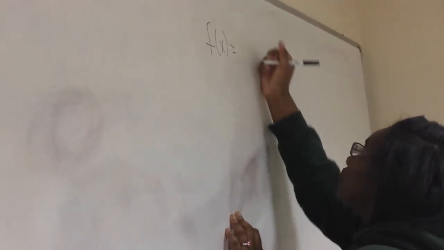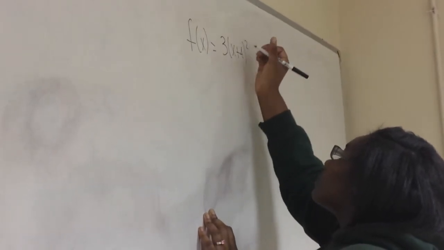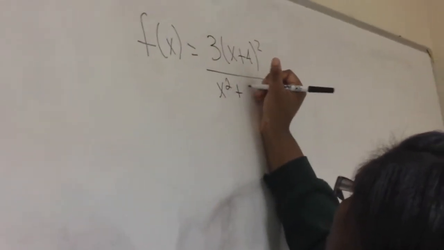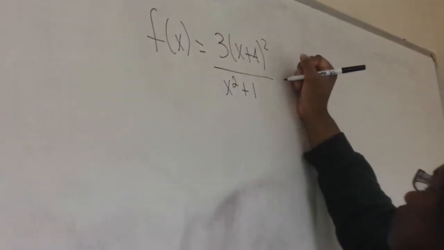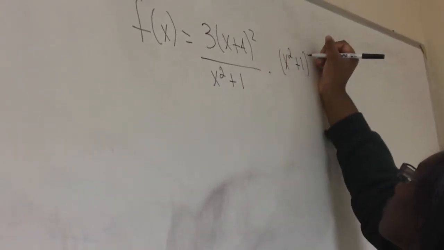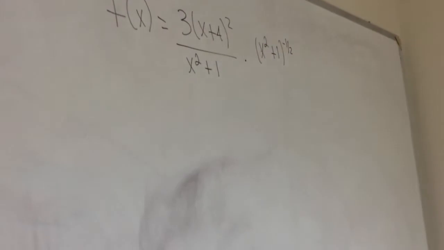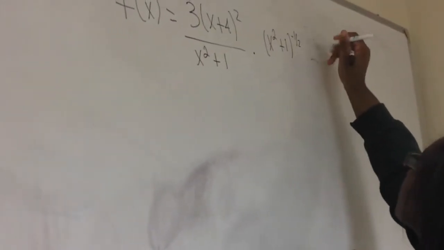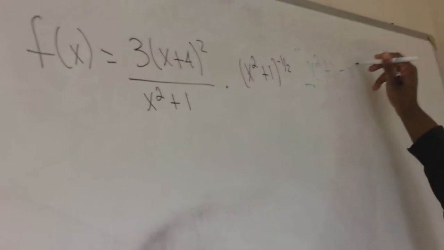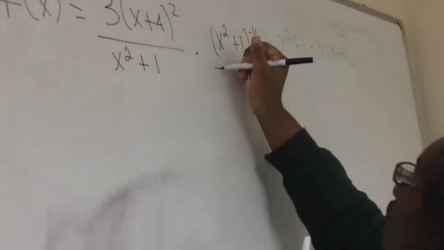And once you do that, you have 3 times x plus 4 squared over x squared plus 1 times x squared plus 1 to the negative 1/2, and then in brackets you have x squared plus 1 minus x times x plus 4, all over x squared plus 1.